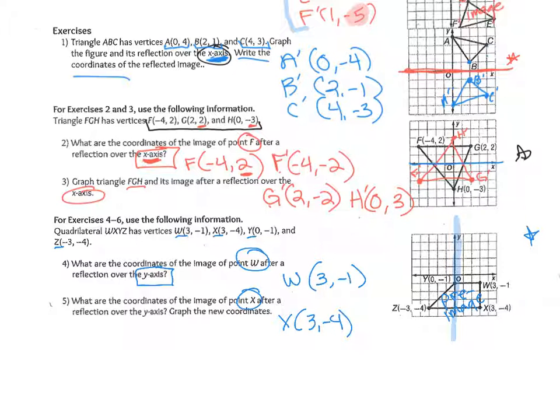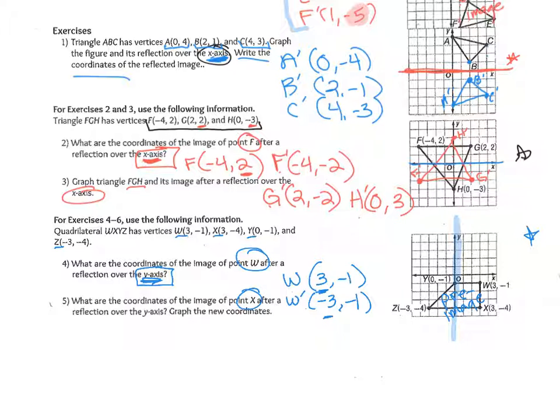So if we're reflecting over the y, the only thing that changes is our x value. So W prime will be (-3, -1). That's the only thing that changes, okay? It's the opposite of whatever axis we're talking about. So in this case, it was our y, so we changed our x.